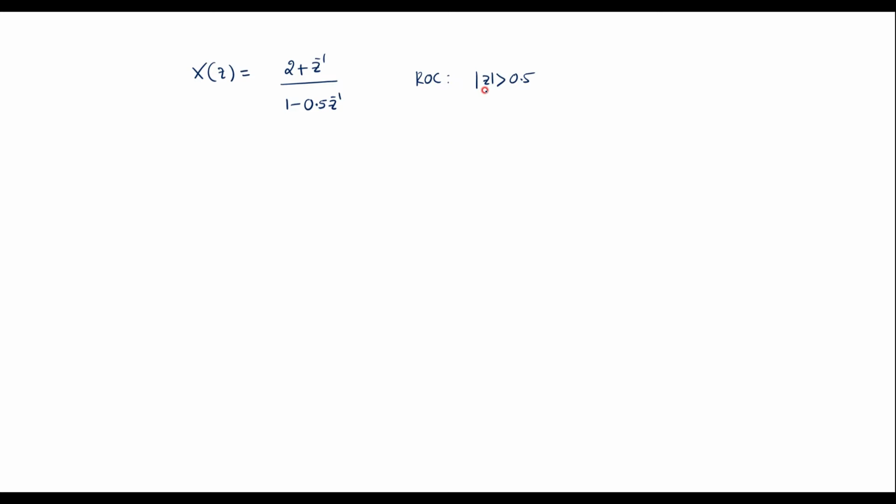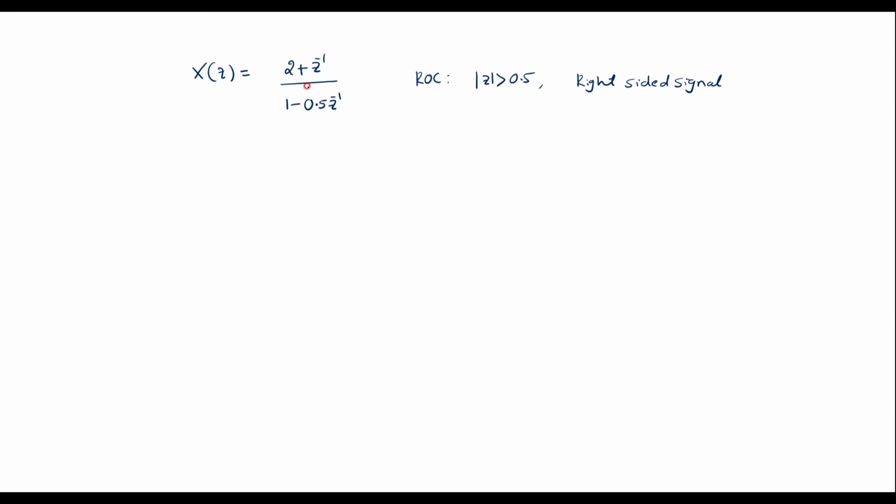So here ROC of z is greater than 0.5. It means that it is a right-sided signal, and the signal is causal. So in a causal system, we are supposed to represent negative powers of z in ascending order. So let me solve this using the long division method.